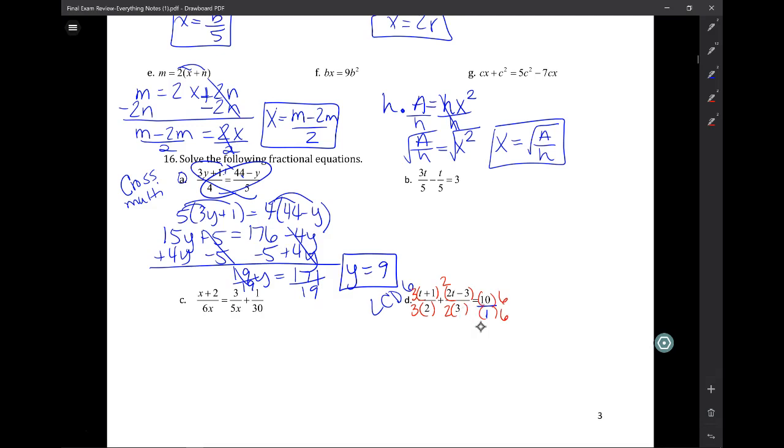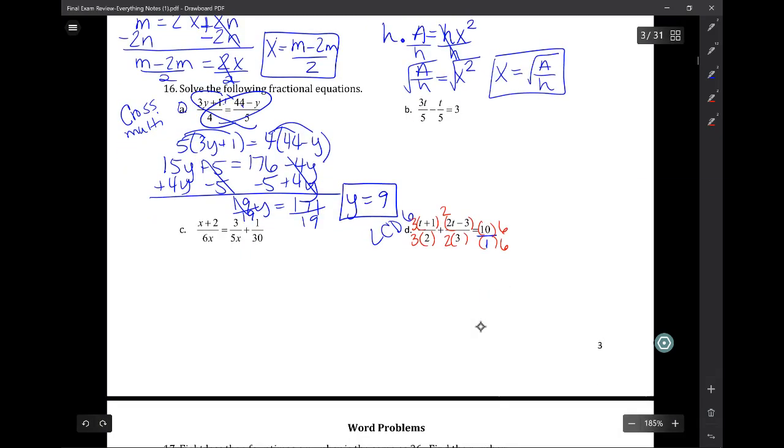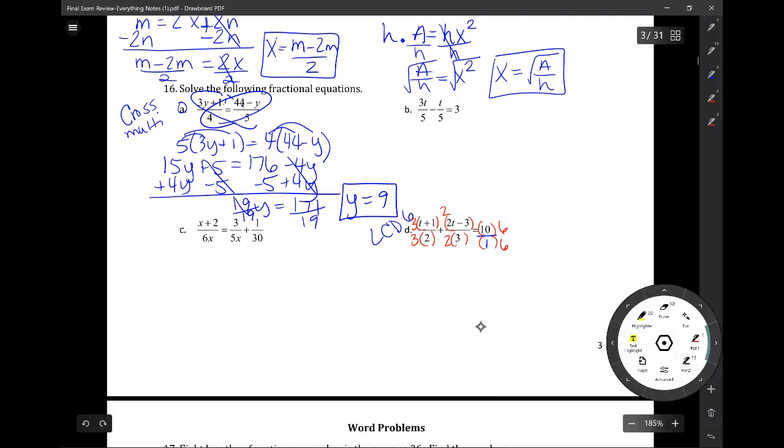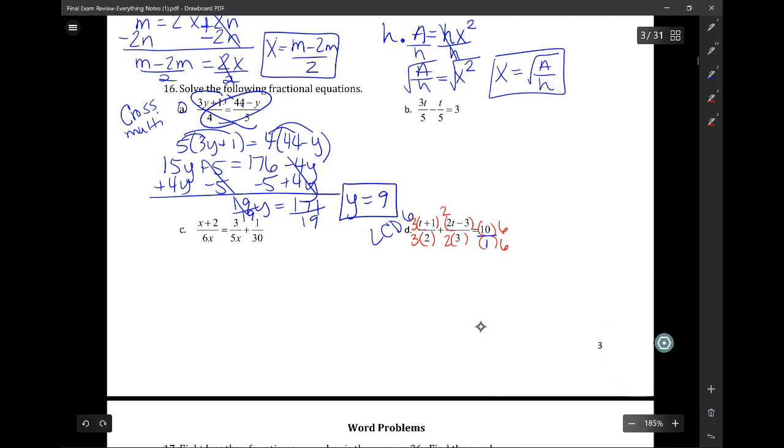Once you have common denominators, and if you want to rewrite it, go for it, but I know me and I'm going to run out of space. So once you have common denominators, actually, I probably have space on this one. All right, let's do it. So we have 3t plus 3.